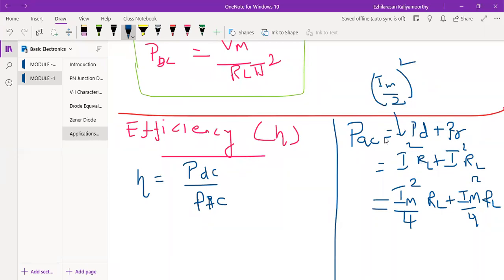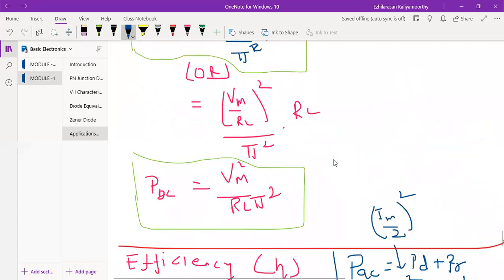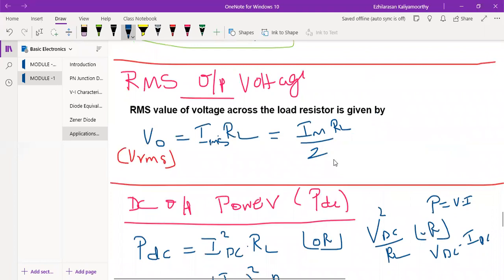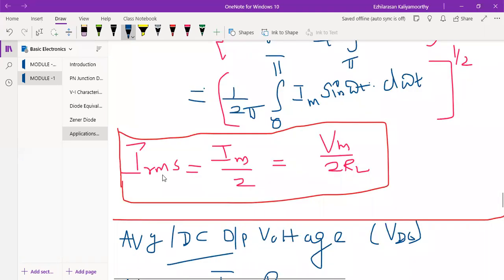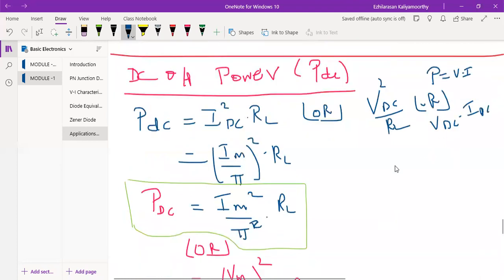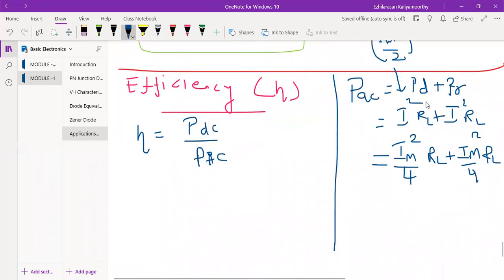The PAC is on the input side. Same, I can say, that is nothing but IRMS. See, simple, I will show there. That is called IRMS. This one is IRMS, because the input is IRMS. So IRMS square it will be. This also IRMS square. The power input, you know the transformer, right?